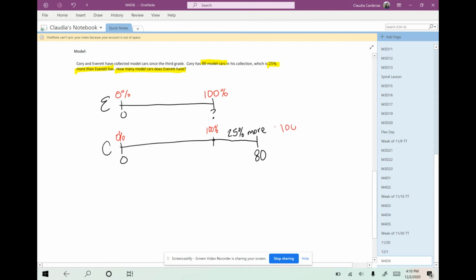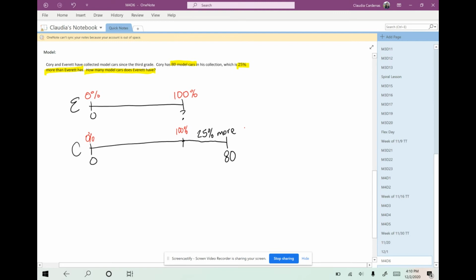Well, we would add these percents up. Sorry, my screen shifted. 100% plus 25% would give him a percentage of 125%. So let me write that here, that Corey's is 125%.